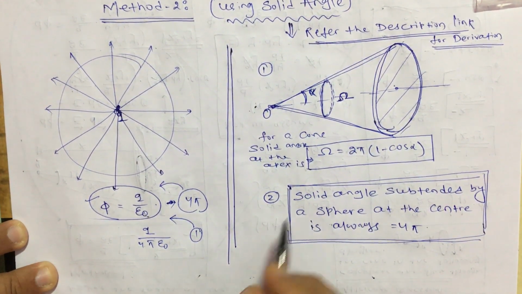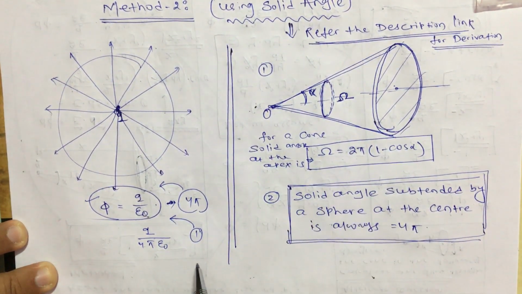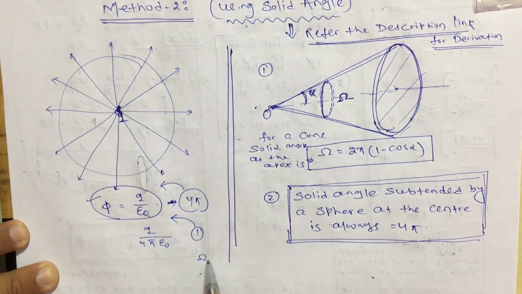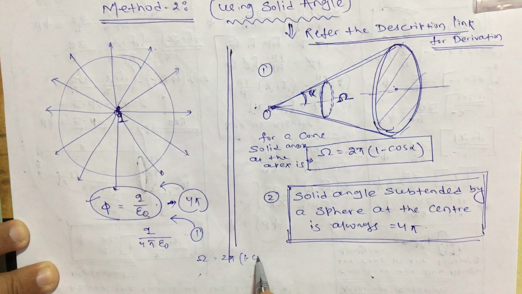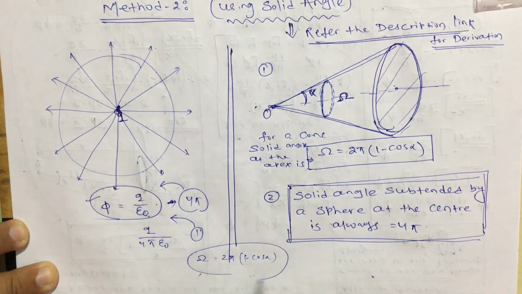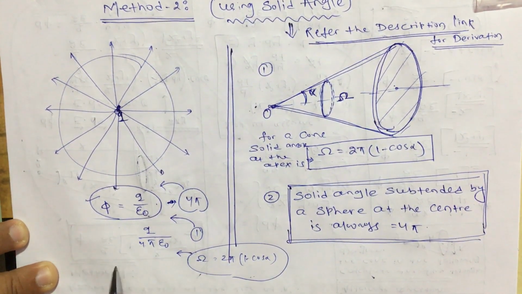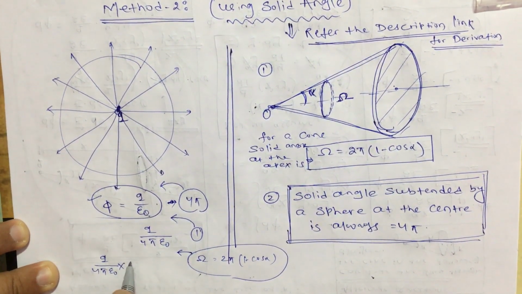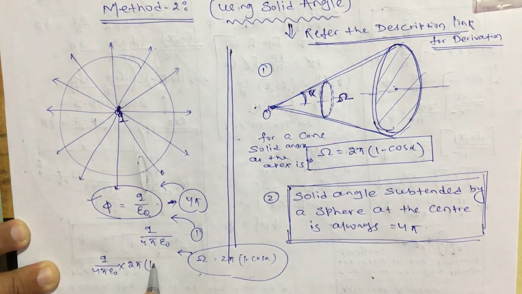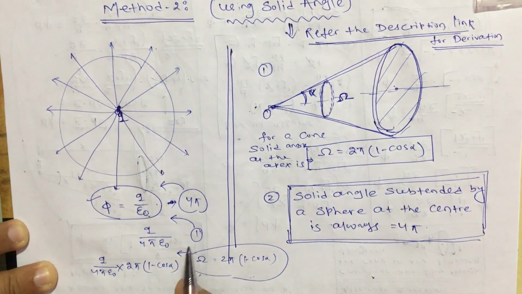Now if the solid angle is given by 2 pi times (1 minus cos alpha), for this much solid angle, what should be the flux? That should be equal to q by 4 pi epsilon naught times 2 pi times (1 minus cos alpha). This is the unitary method.